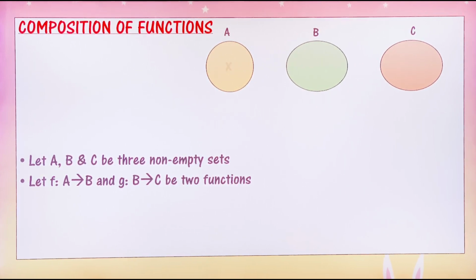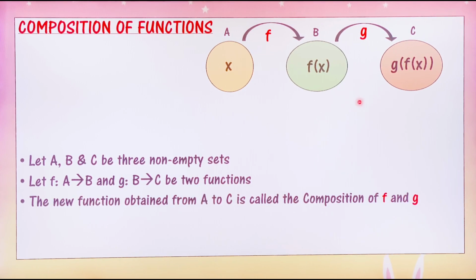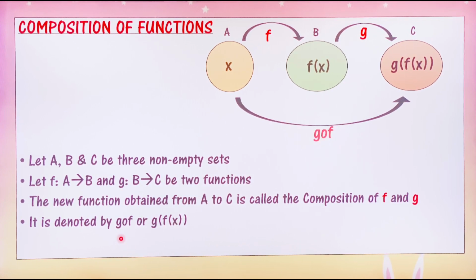Since f is from A to B, for every x belongs to A, there exists a unique element f(x) belongs to B. Since g is from B to C, for every f(x) belongs to B, there exists a unique element g of f(x) belongs to C. Then the new function obtained from A to C is called the composition of f and g, and it is denoted by g circle f or g of f(x). From the diagram, you can see that range of f is equal to domain of g.